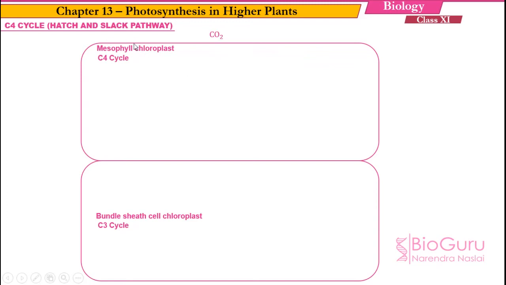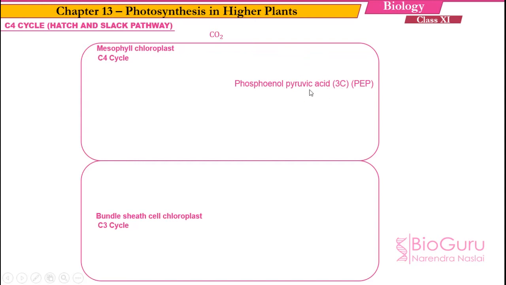But here in the mesophyll chloroplast of C4 plants, the primary acceptor is phosphoenol pyruvic acid, in short PEP, which is a 3-carbon compound. What is this? This is the primary acceptor of carbon dioxide. Here I have mentioned 3C; 3C means a 3-carbon compound.